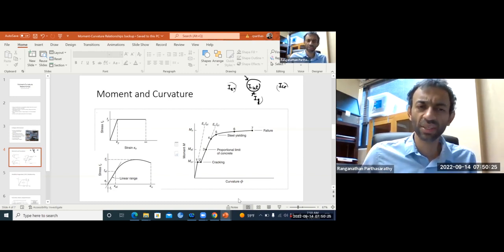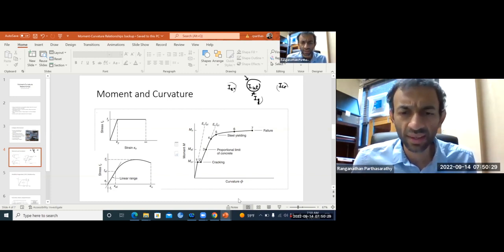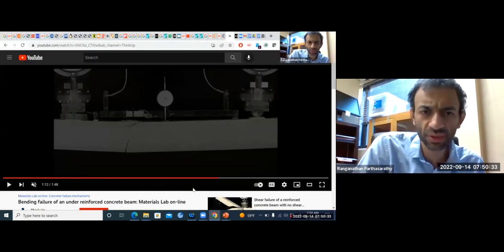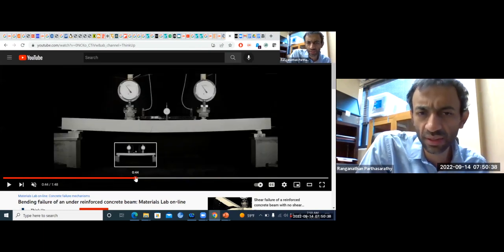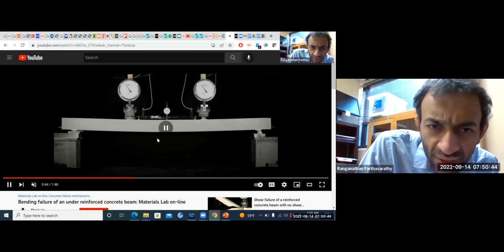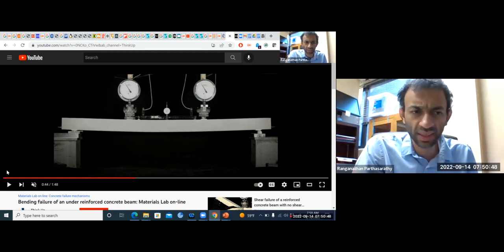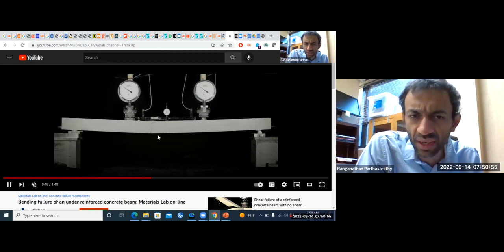Now, at point 1, the beam cracks. Like you saw in the video, this is under-reinforced. When does the first crack start appearing? Here, you see the first crack started appearing. And then you have many hairline cracks, and they travel up to the level of the neutral axis.